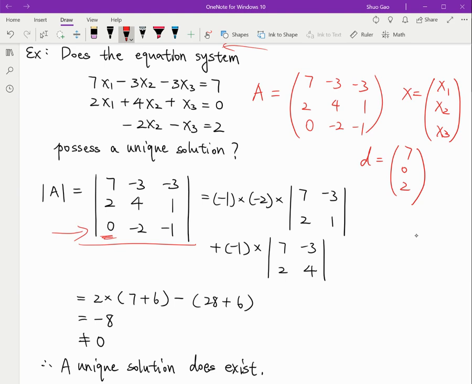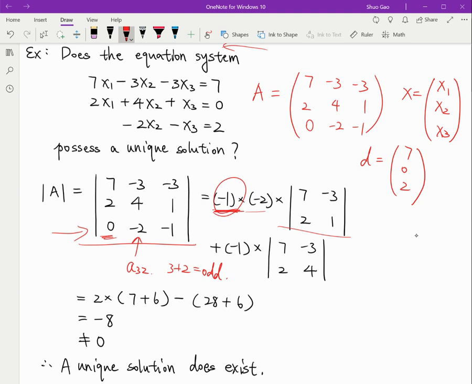So the determinant of A should be the minus sign before the minus 2 times the subdeterminant, right? Because the minus 2 is at position 3, 2, the third row and the second column, and 3 plus 2 is an odd number. So we have a minus 1 before the minus 2 term, right?